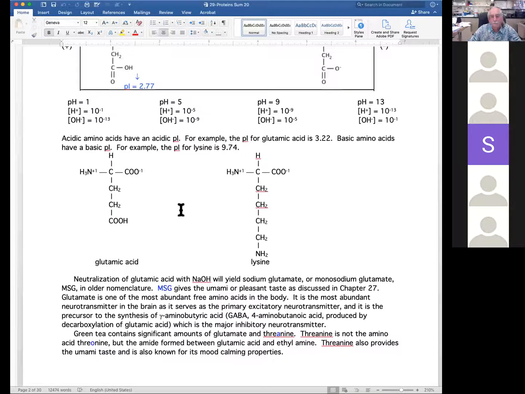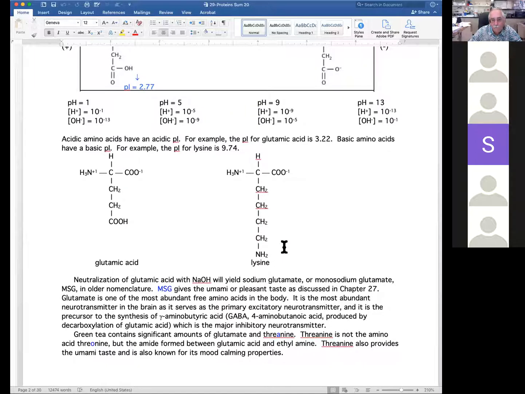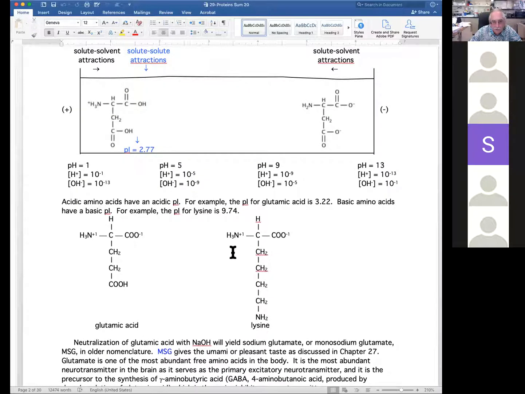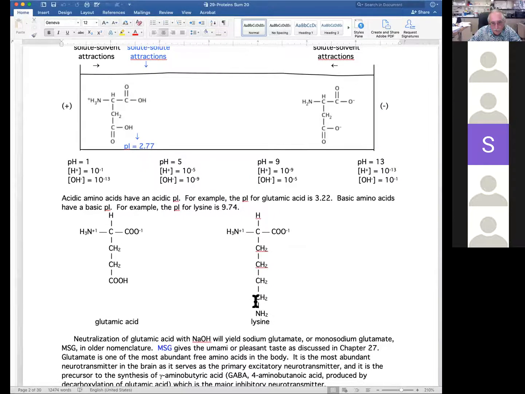So here's a basic amino acid. This is lysine, so it's a primary amine. Right now, the way it's shown, it has no net charge. So this is what it would look like at pH 9.74. If I were to take this and put it into an acidic pH, that would be protonated, that would be protonated, that would be protonated, and it would have a net charge of +2.